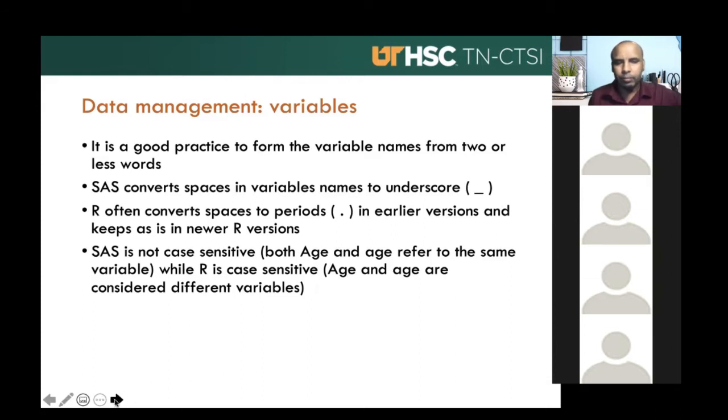So we have to make sure we have unique variable names in the dataset, especially if the analysis will not be conducted in R. But it's usually a good practice to keep unique variable names anyway. We can keep variables that differ only in case when the analysis has to be conducted using R.